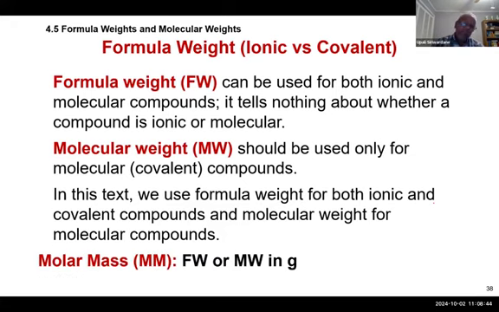Molar mass is another, general name: the mass of 1 mole is called molar mass. Moles to grams conversion is used to get grams or moles. This is the conversion factor. Therefore, the conversion factor comes from formula weight, molecular weight, or molar mass.